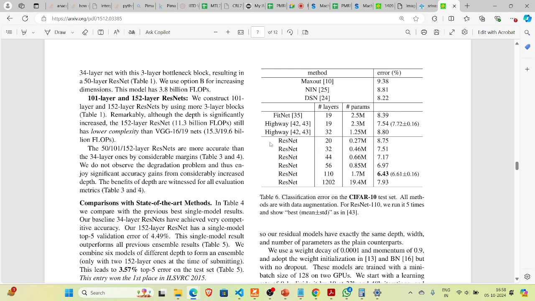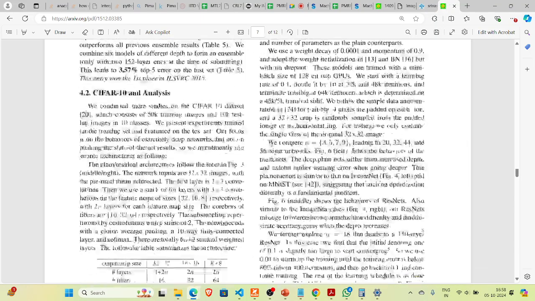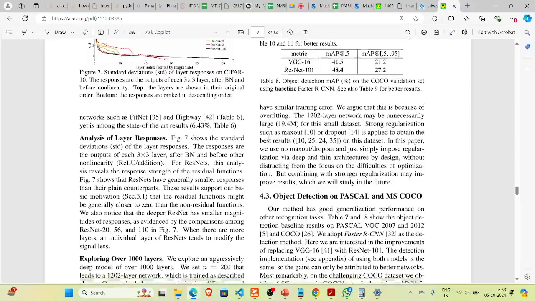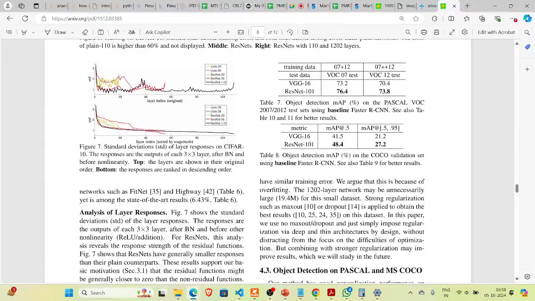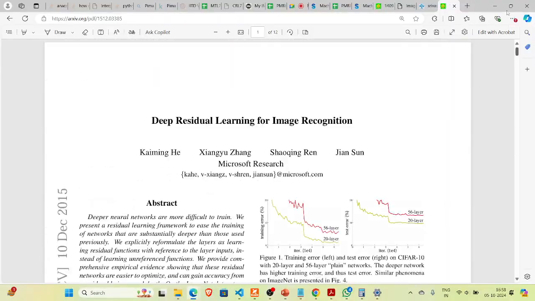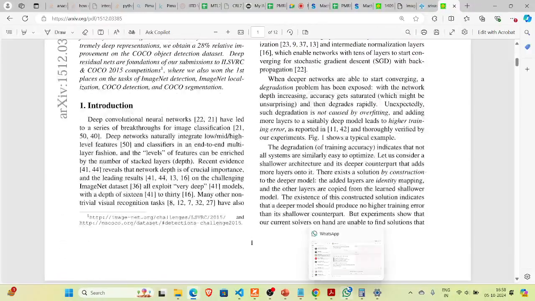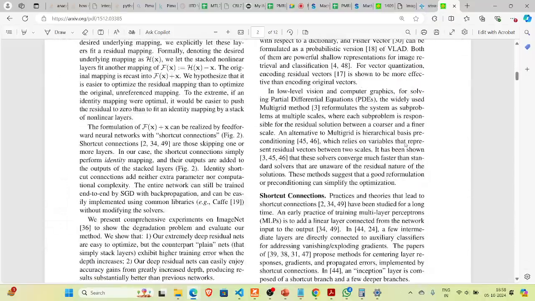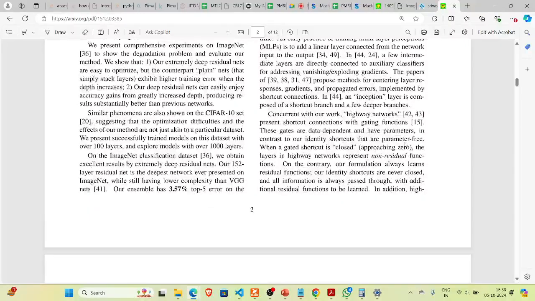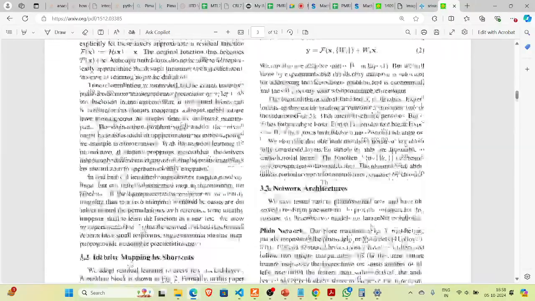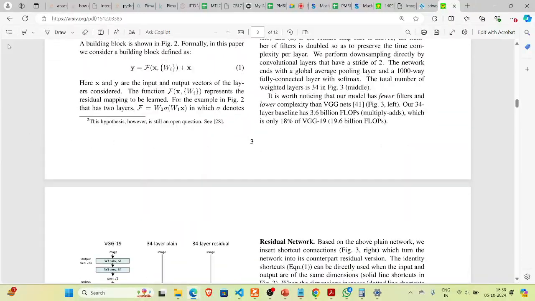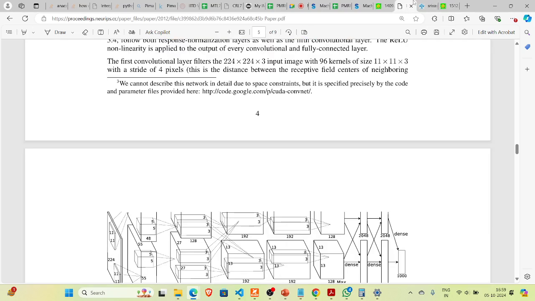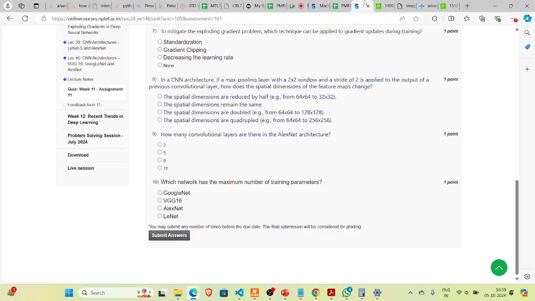If more layers are required to improve the accuracy, then you need to have ResNet connections. So that is the importance of ResNet, a very important paper.